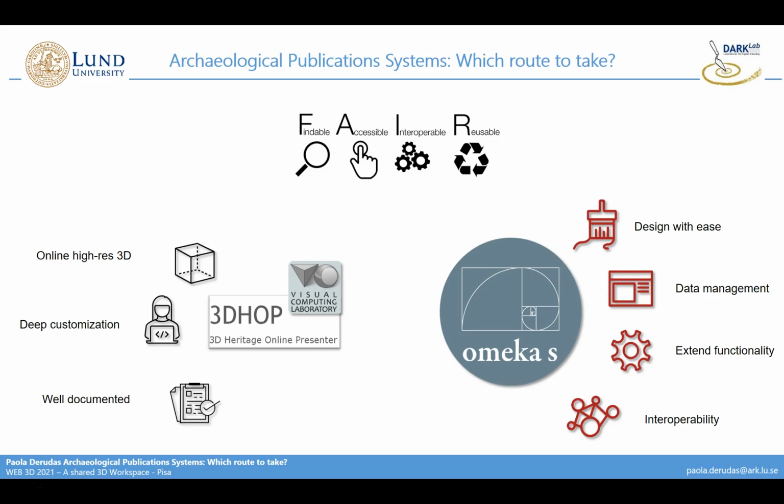It is possible to identify this structure in content management systems, and one of them that has been designed specifically for cultural heritage is Omeka S. Combining the potential of Omeka S, which allows an easy design, very suitable data management, the implementation of extended functionalities, and furthermore interoperability, it would be possible to address some of the flaws that have been identified in the review presented before.